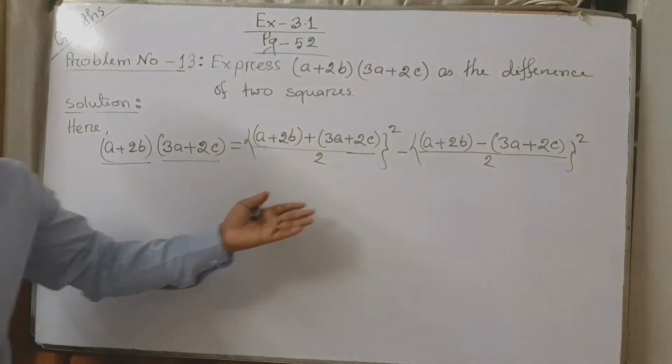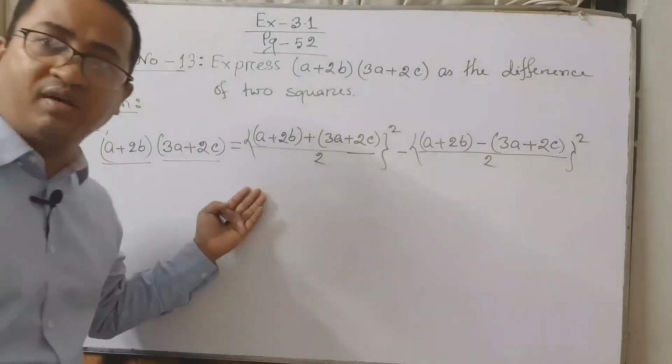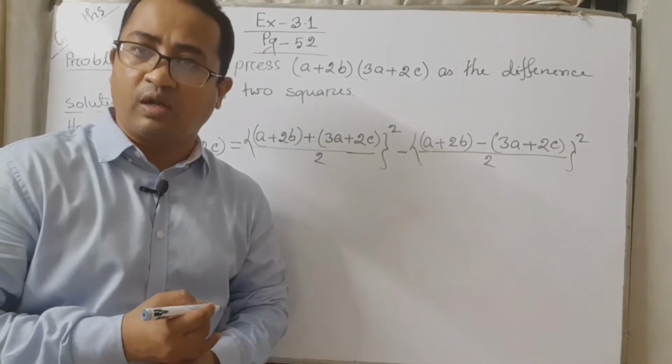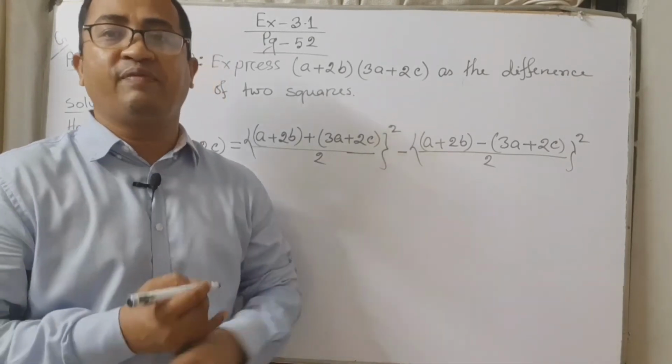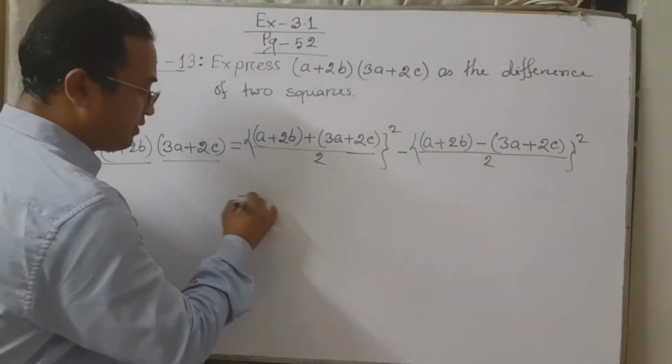Now look, already it has become the difference of two squares. The number becomes the difference of two squares by applying the formula only. Now we will just simplify.